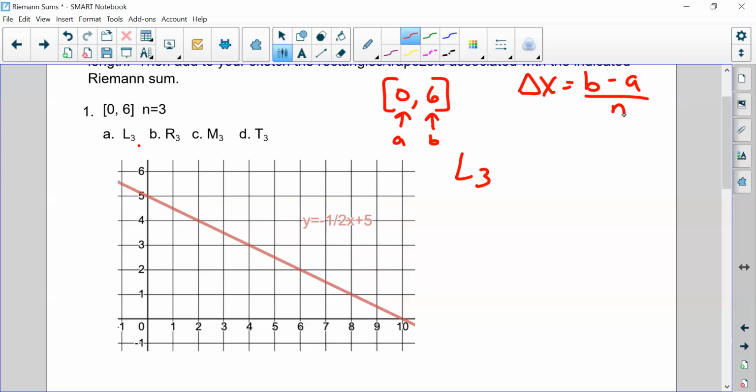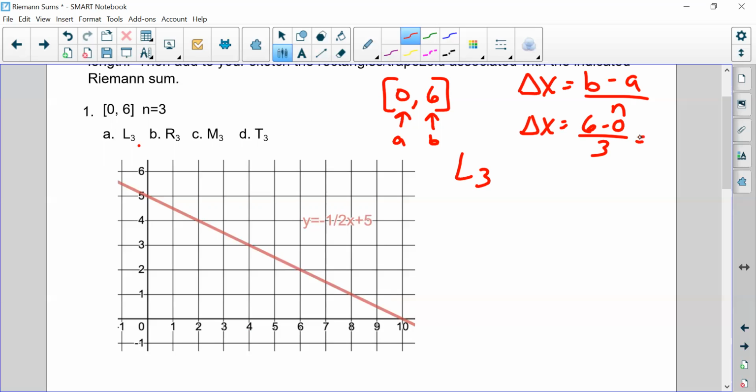Now this only works if they're equal length intervals. In this case, my delta x will be 6 minus 0, divided by n, which is 3.